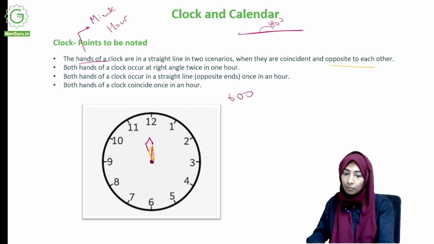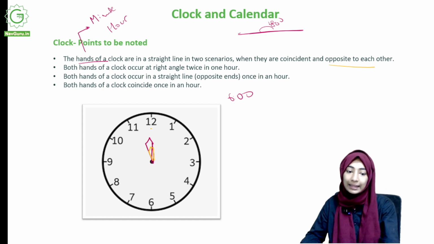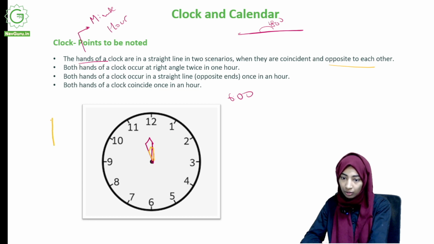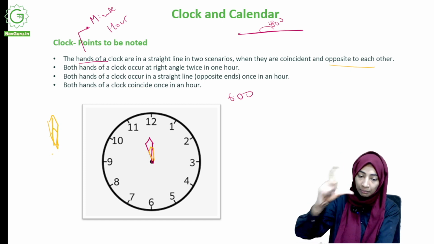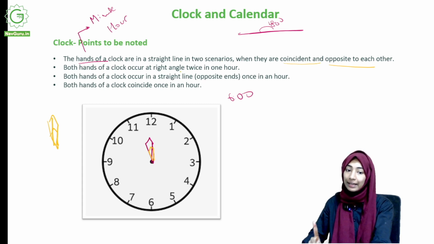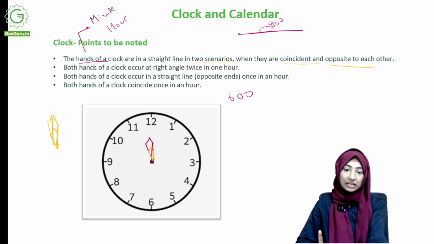At 12 o'clock, both of the hands coincide, and in that case also both of these are straight. Straight means it's in a straight line, so if you draw a line, both the minute hand and the hour hand will come in that line. So this is another case, when they're coincident. So basically they are in a straight line in both of these two scenarios.